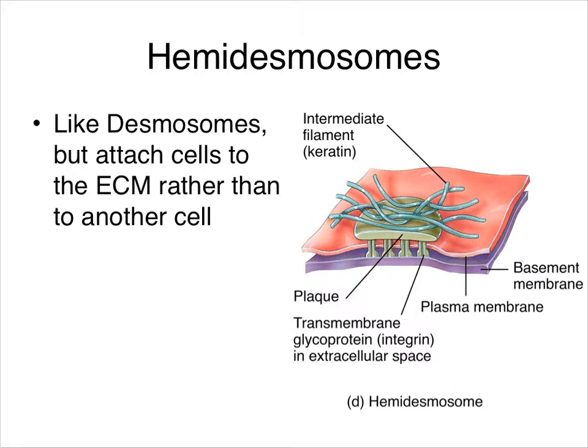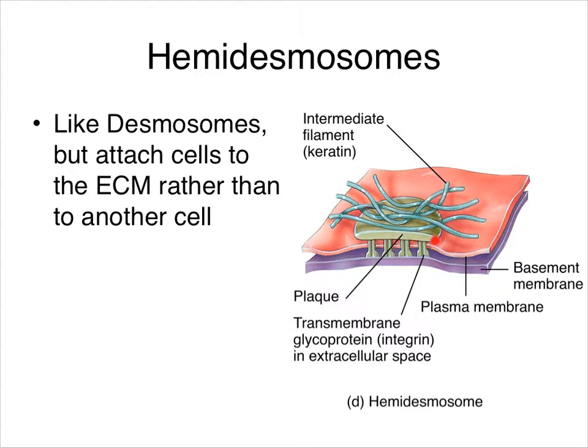Remember how epithelial tissue always attaches to the basement membrane on its basal side, its downside? Well, it's not just sitting there. It's actually physically attached. So this is not a cell-cell attachment. This is what's going to attach the cell to the extracellular matrix.